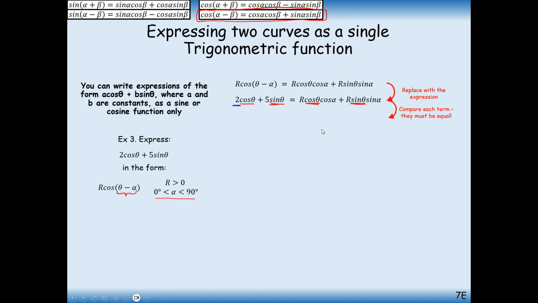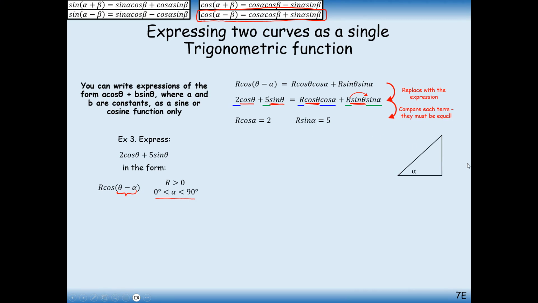The blue underlinings must equal each other, and these green underlinings must equal each other. So 5 must equal R times sine alpha, because you can just move these factors around and you get this expression here. Now that means sine alpha is 5 over R.